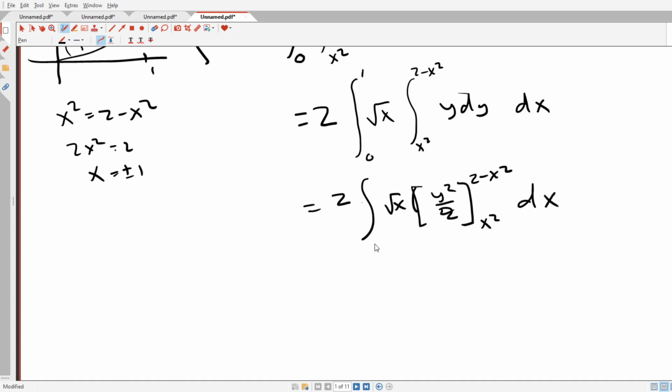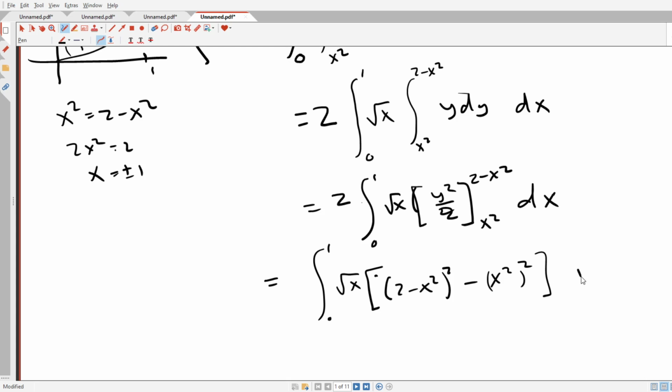Okay, so this is from 0 to 1. 2, integral from 0 to 1. So I have root x. The 2 is going to cancel out, so I'll cancel those out. And then I have (2 minus x squared) squared minus (x squared) squared, dx.